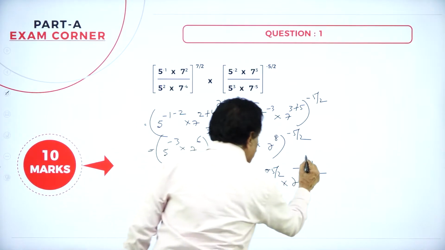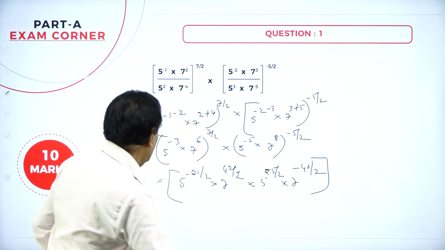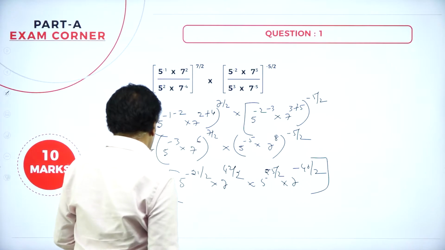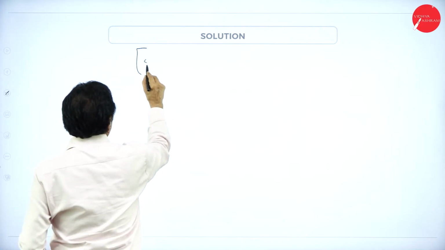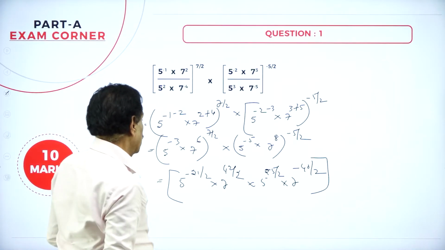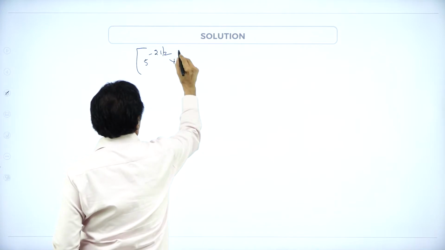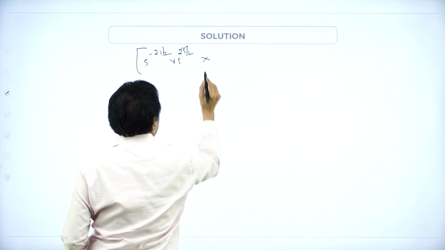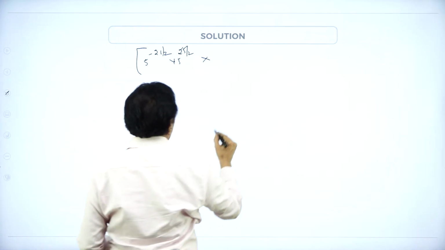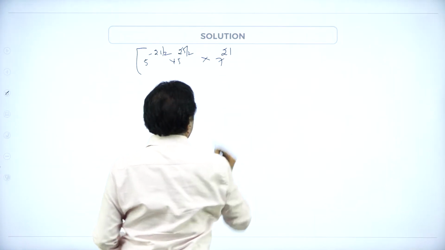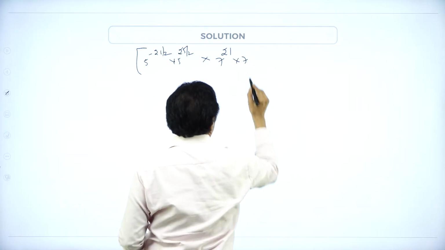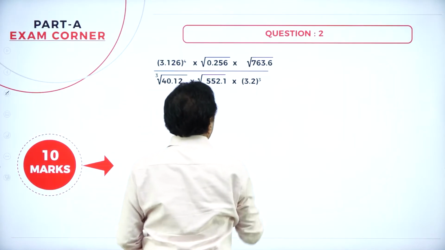Simplify this. We'll move on. You take here 5 to the power of minus 21 by 2, into 5 to the power of 25 by 2, into 7 to the power of 42 by 2, means 7 to the power of 21, into 7 to the power of minus 20.